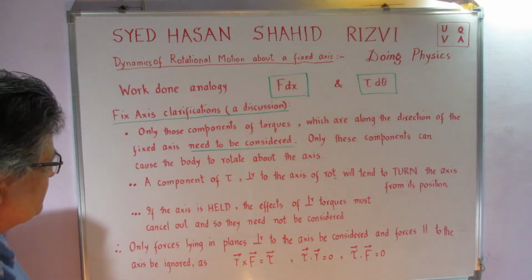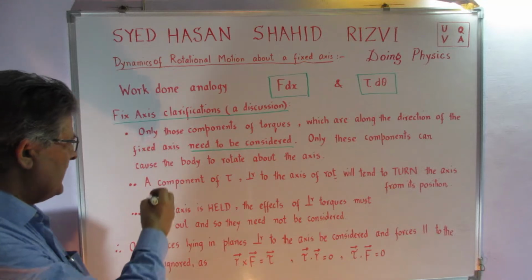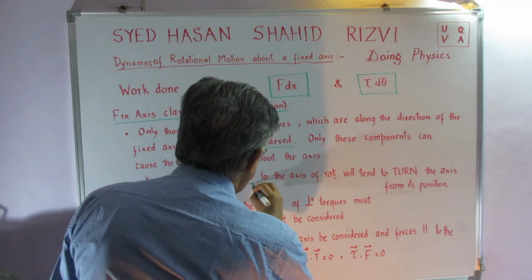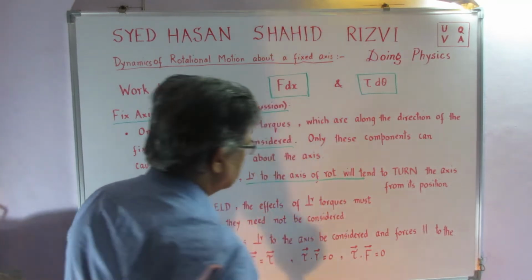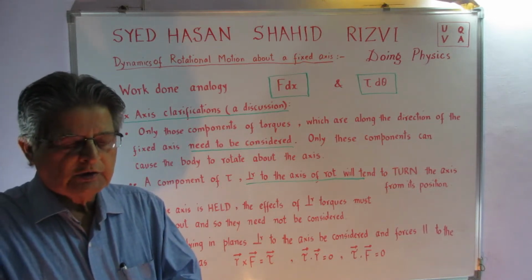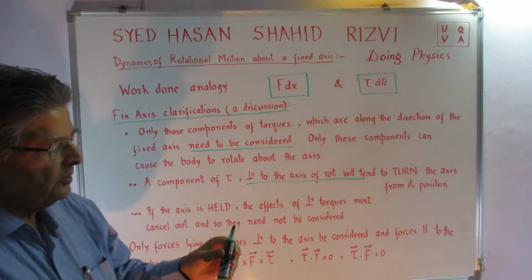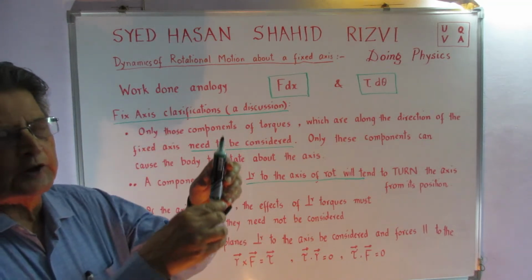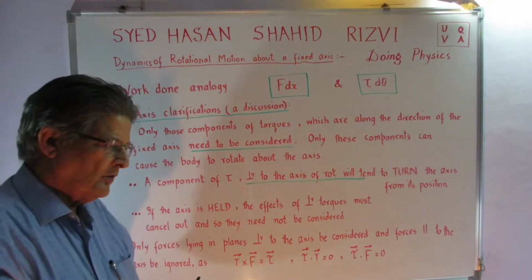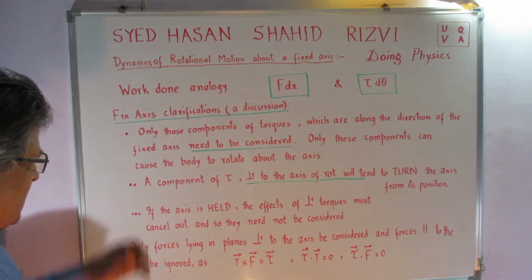The second item that we need to consider is that any component of the torque which is perpendicular to the axis of rotation will try to shift the axis of rotation from its fixed direction, fixed sense.